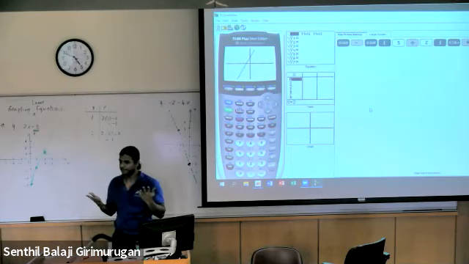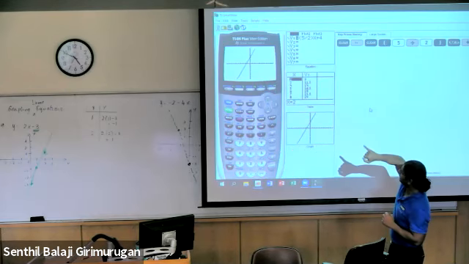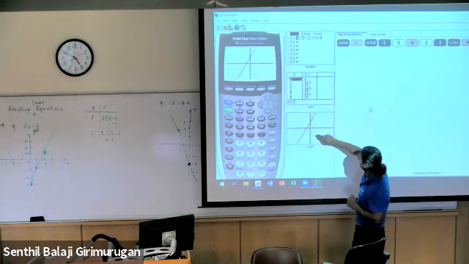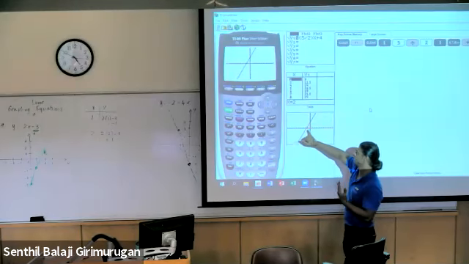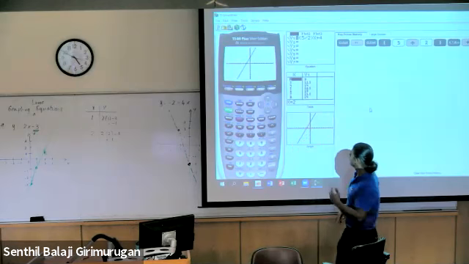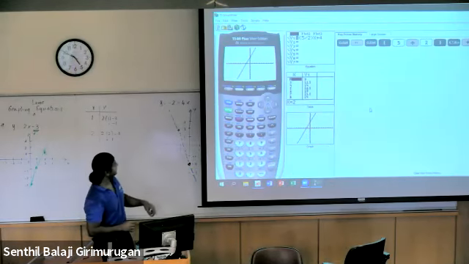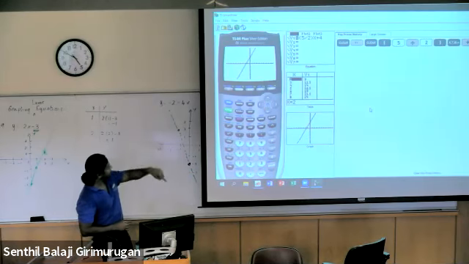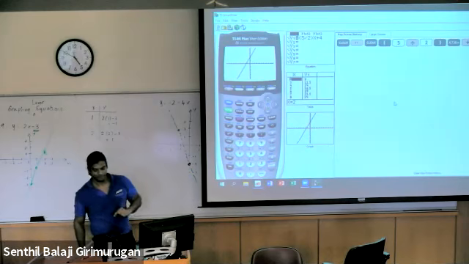So you can see it crosses the y-axis at 4. And on the x-axis, I believe it's about negative 1.5. So you can find the x-intercept here as well. I'll show you how to find the x-intercept using the calculator also.